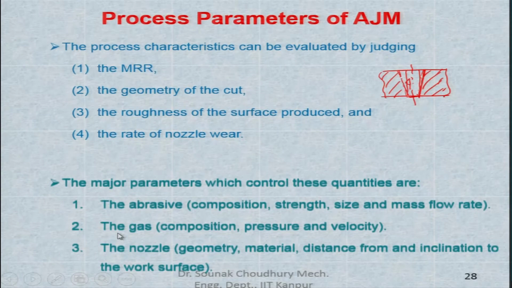Now, the gas has composition, pressure, velocity. This can be regulated; pressure and velocity are normally regulated. The nozzle: that is the geometry of the nozzle, its material, and the distance from and inclination to the work surface, the standoff distance, and at which angle the nozzle has to be directed.